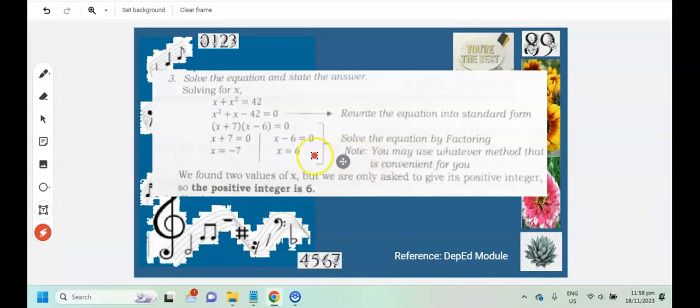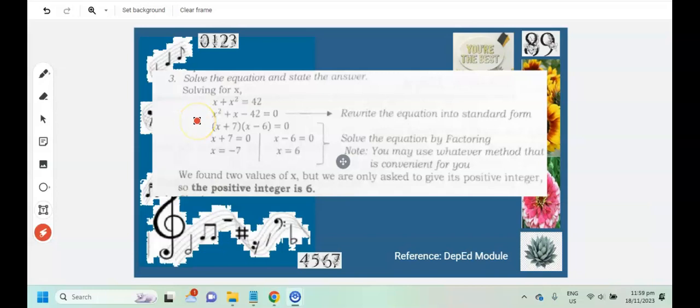It is the term with the exponent 2 or with the degree 2. Sa atong quadratic term sa kaning equation? Yes, ang quadratic term nato kay x squared. So, atong isulat ang x squared as the first term of the equation.